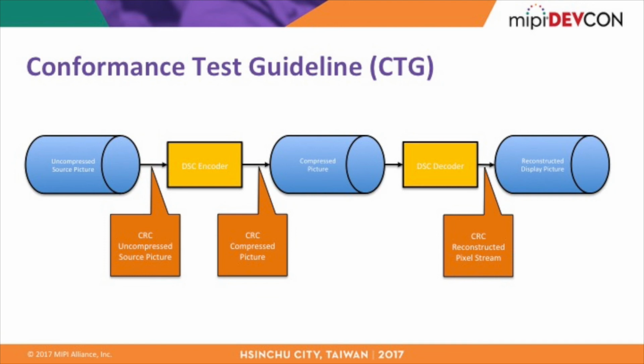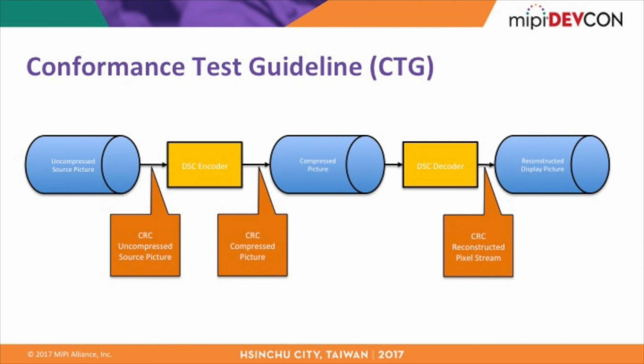And the DSC task group looked into this problem many months ago and came up with what we call a conformance test guideline. It's essentially a package you download from the VESA website, and it incorporates some reference pictures that you can use to test for the conformance of your design to the DSC specification.